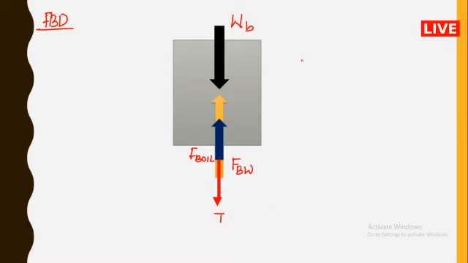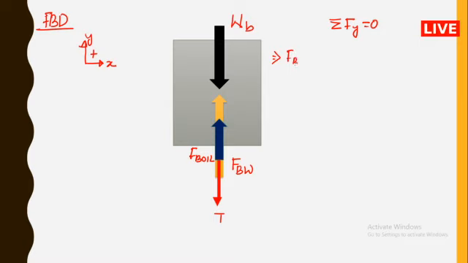Now if you write down the equilibrium equation, assuming the body is at equilibrium, the net force in the y direction will be equal to 0. Let's assume a reference axis: this is positive x and this is my positive y axis. The buoyancy forces are acting in the positive y direction.